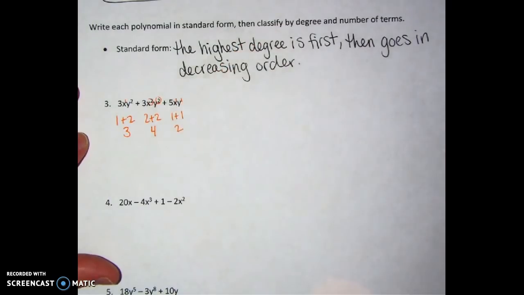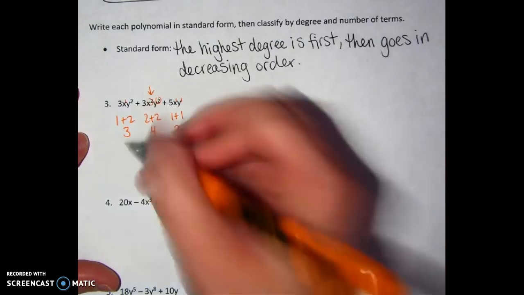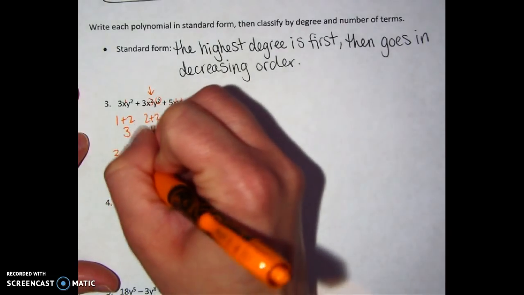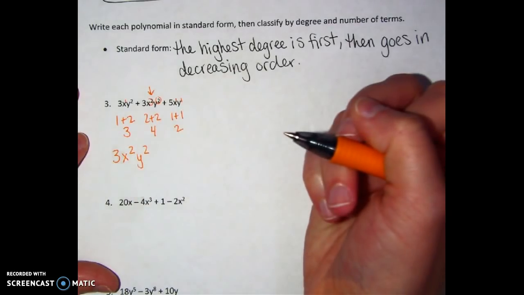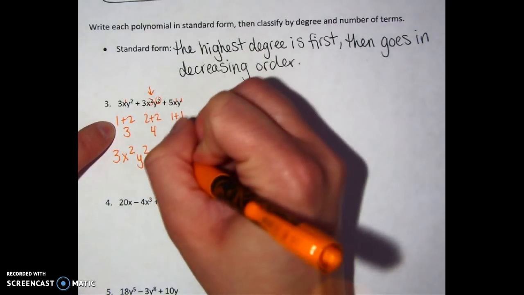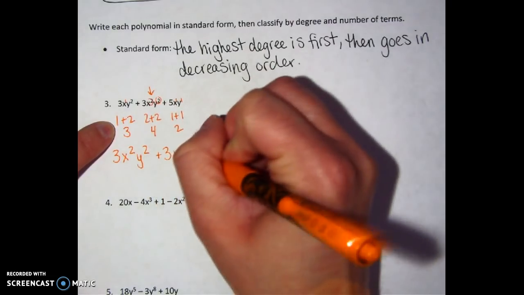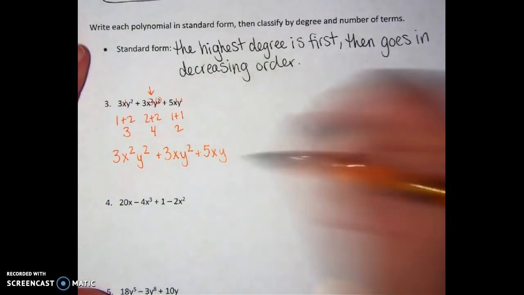So that's 2. So this one needs to go first. So this is going to be 3x squared y squared. Then we go to the 3rd degree one. So plus 3xy squared. Then the last one, plus 5xy.